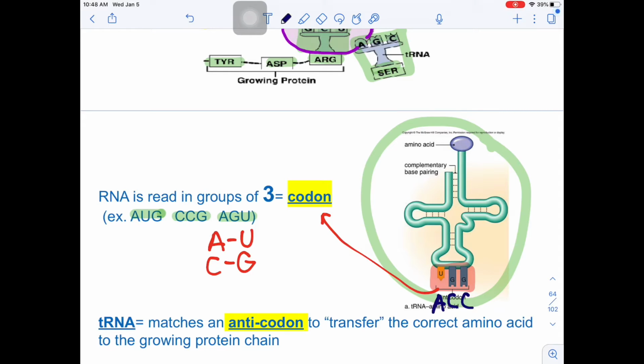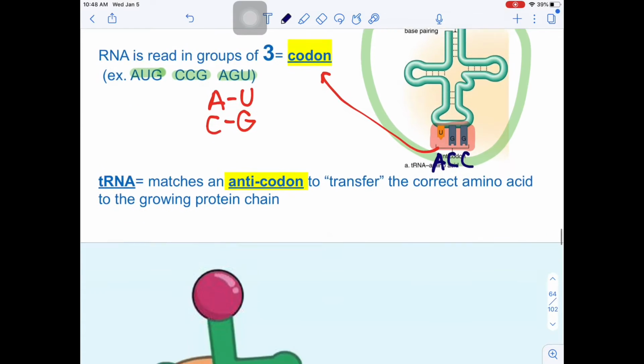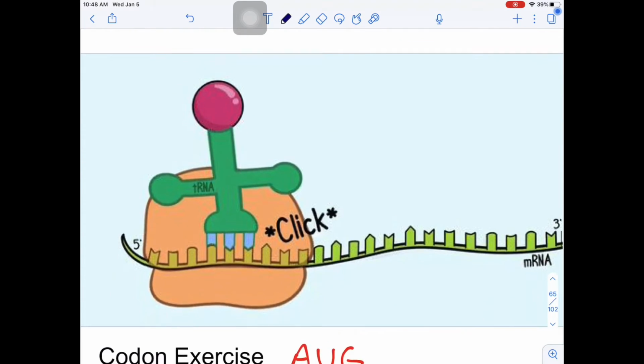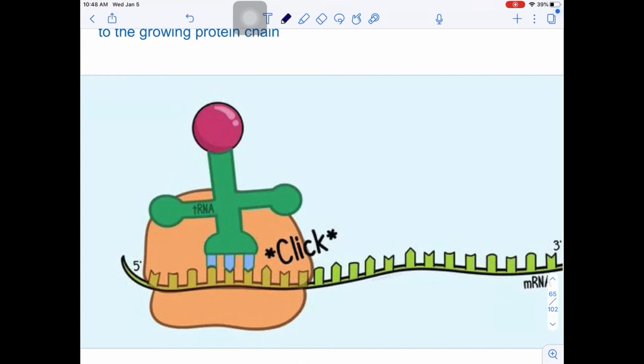When the tRNA finds those 3 letters, it's going to add its amino acid that it's carrying right here to the growing amino acid chain. We have a different picture of that right here. You'll see this animated in the activity on Pivot as well. So we have our RNA strand with the letters here as the codon. Let's say it's AUG. We have our tRNA.